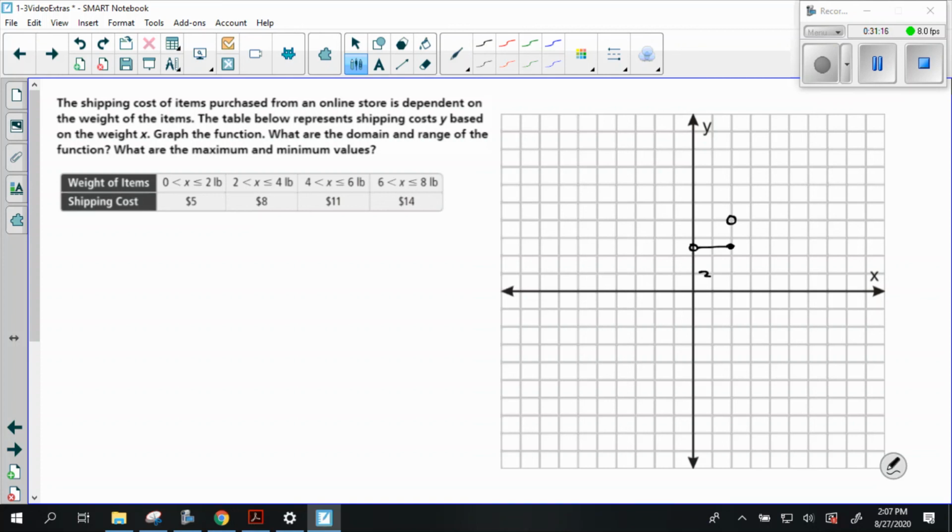Our next one, we're at 11. So if this is at 8, we're at 9, 10, 11, right? And we're saying when x equals 4, y is 11. But we're not going to include that point, and we're going up to 6 now.